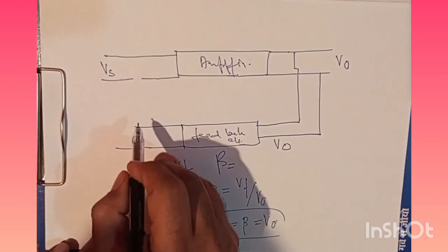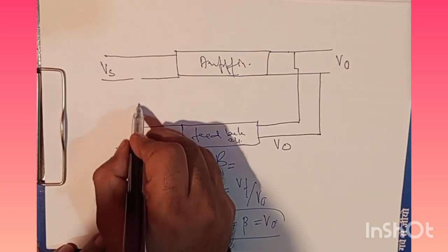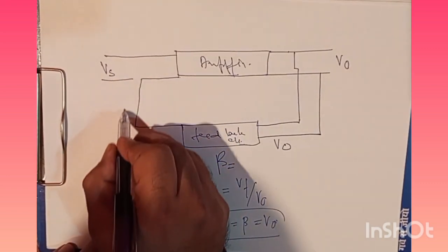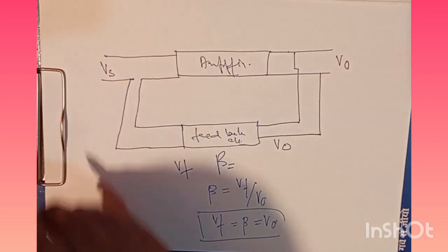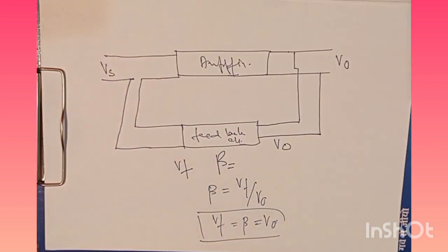Then what we do is subject it back to the amplifier. Now, let us assume that we are talking about a positive feedback system.